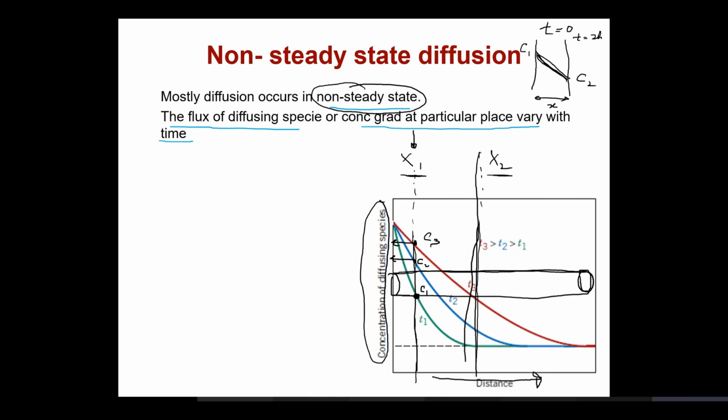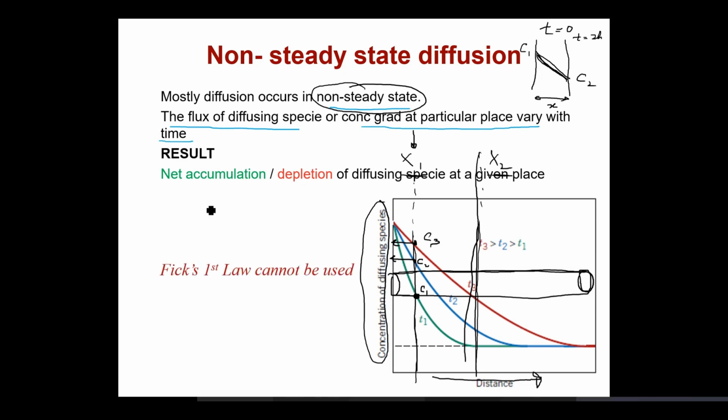So in order to solve such a problem, you will have to develop another law. Fick's first law cannot be used because there would be net accumulation of species at a given place.